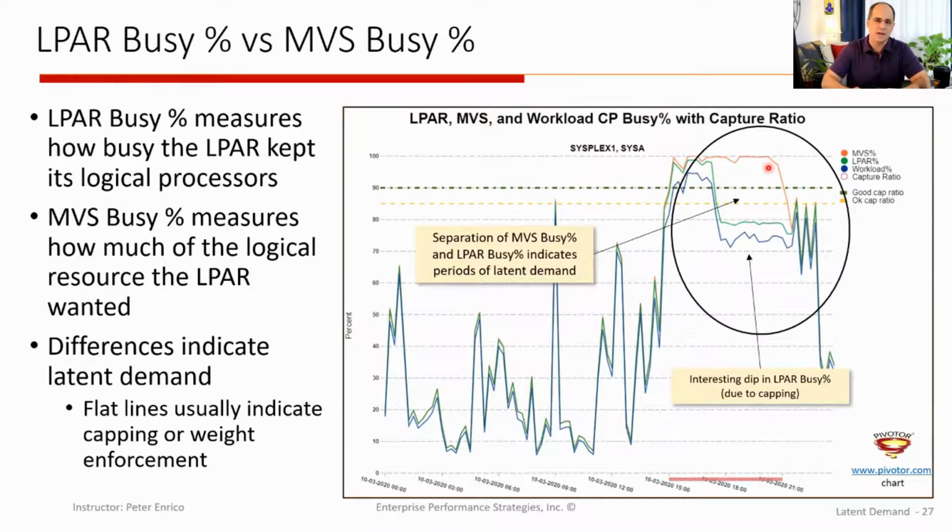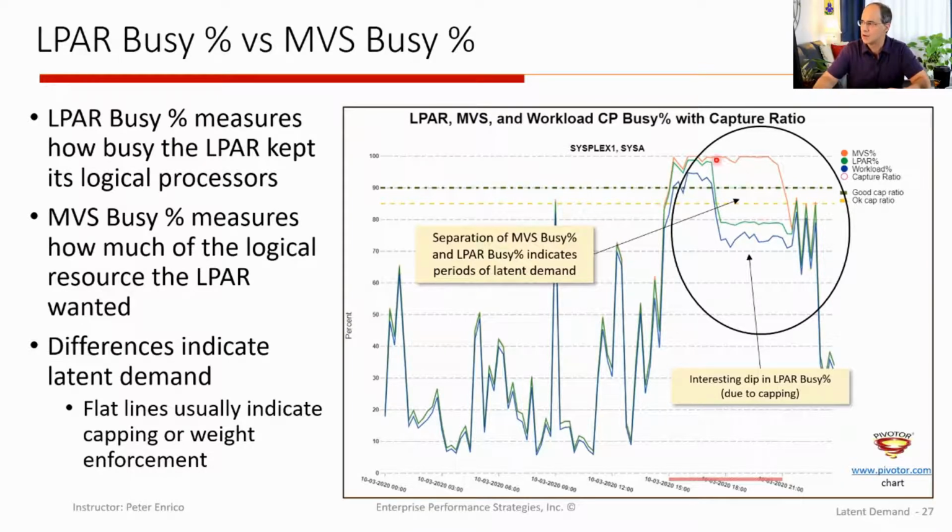And I'll explain that in a minute, but we can think of the top line as being the demand for CPU had this LPAR, had the workloads, had more capacity given to it. Think of this as how much CPU they would actually consume, where the green line, the middle line, is how much CPU they were allowed to consume.